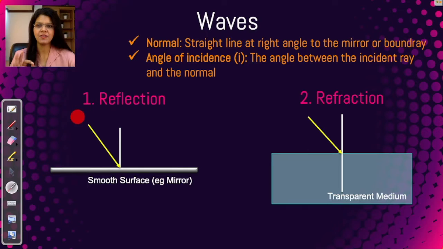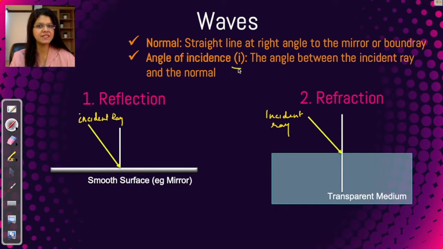A ray is coming and falling at the foot of the normal, right? This is your incident ray. In both the pictures, this is your incident ray.